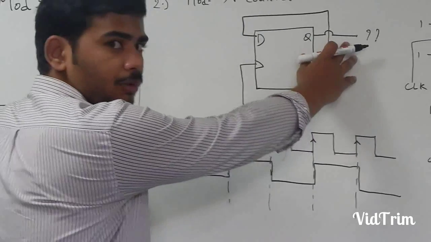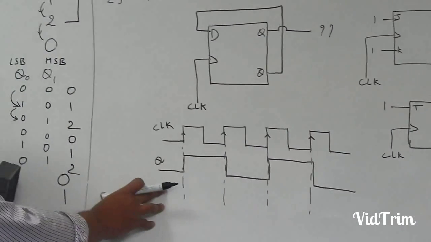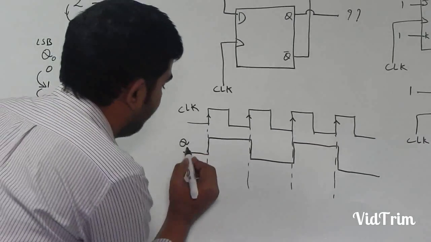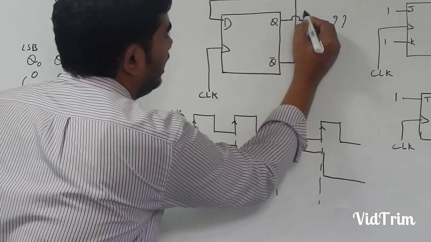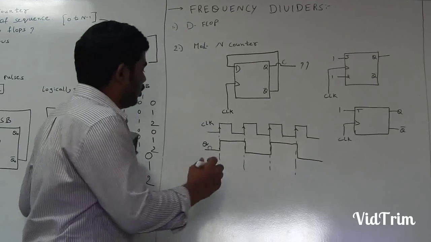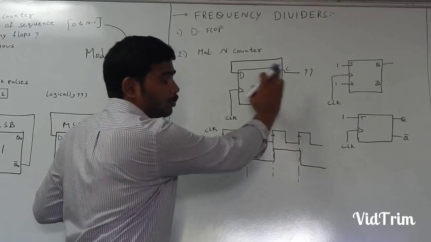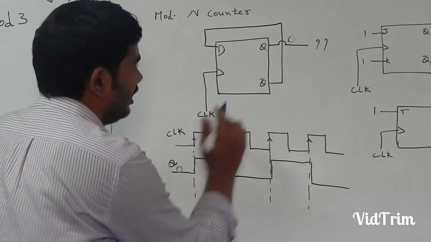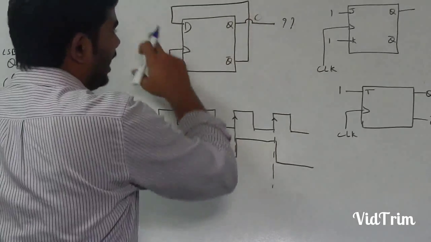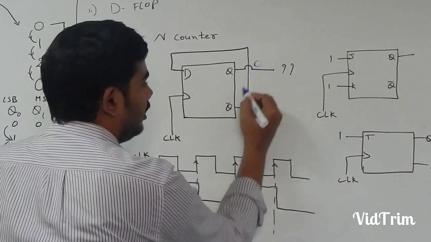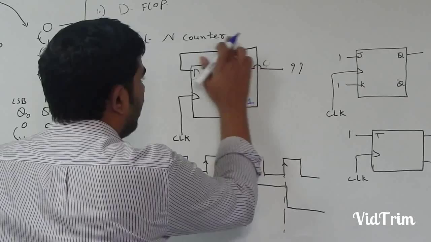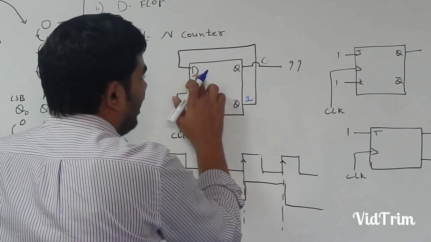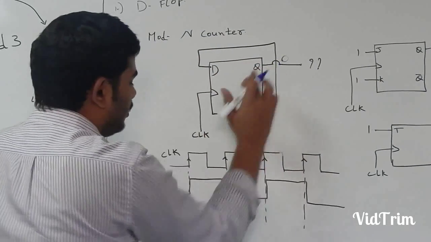So if we consider output Q, I am just representing Q in waveform. First let us suppose Q is initially 0. If you draw the waveform of this output, say the initial value is 0. 0 is coming here. But what we are transmitting is Q bar. If it is 0, this is 1. So 1 is sent here, and the next clock pulse we get output as 1.